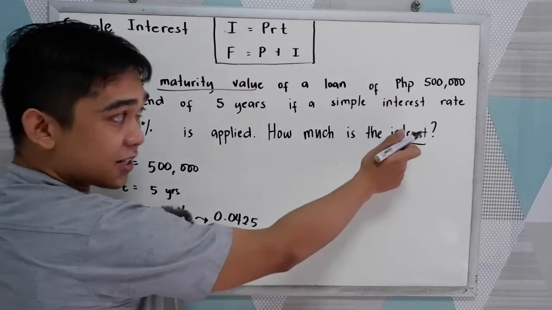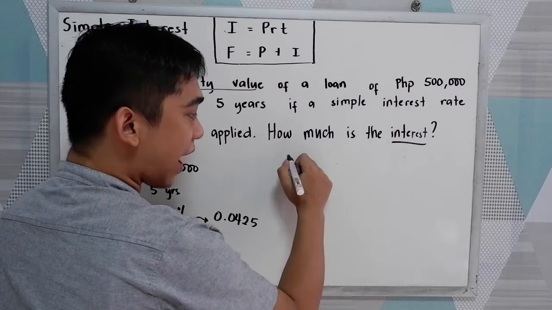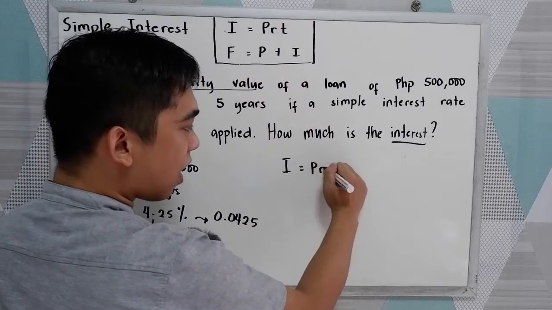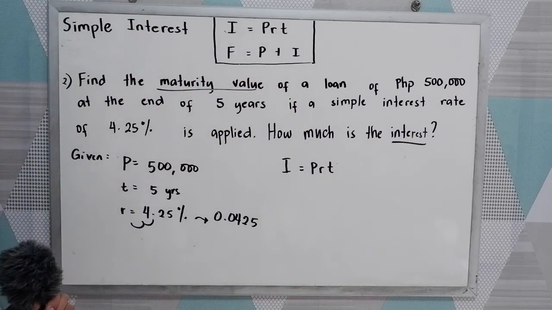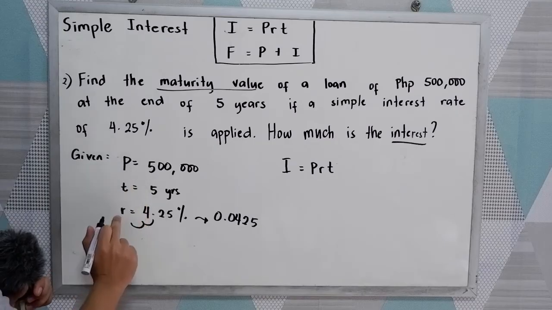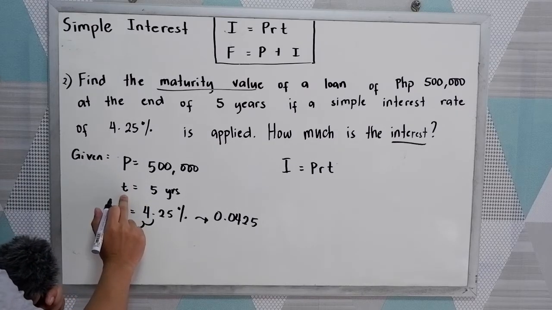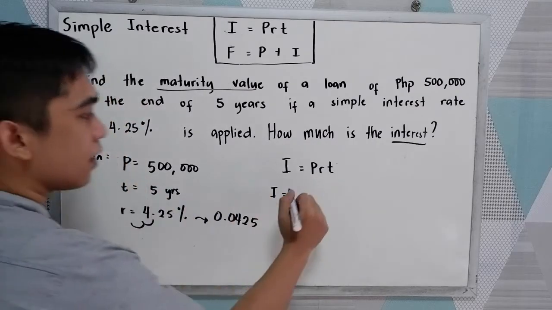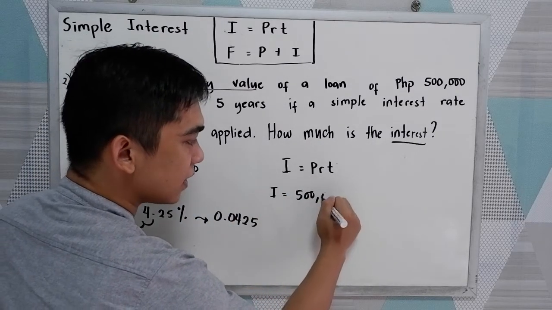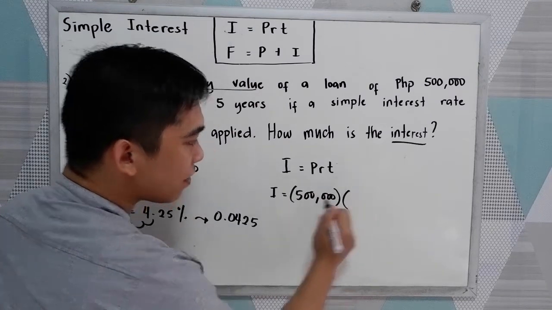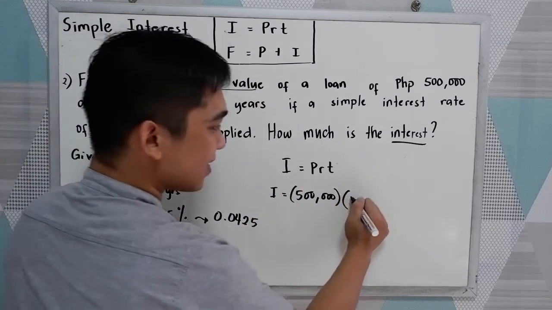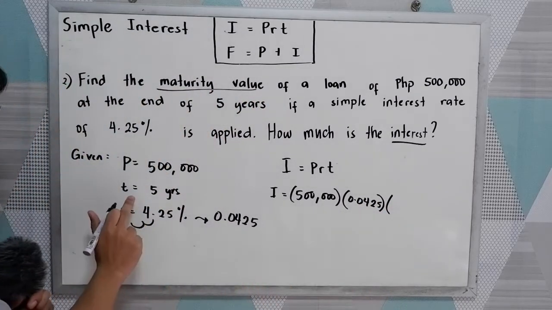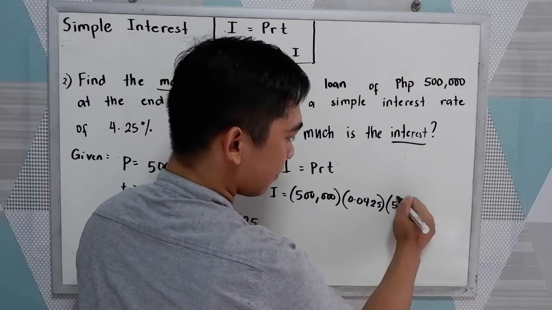Now, we're going to find the interest and the maturity value. So let us find first the interest. Interest, or I, is equal to PRT. Since we have the given P, R, and T, you're just going to substitute. Interest is equal to 500,000 times our rate, 0.0425, times our time, which is 5.